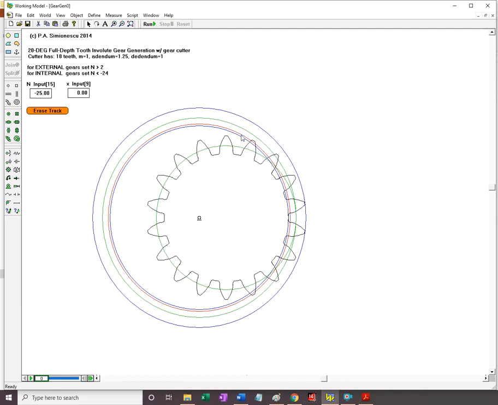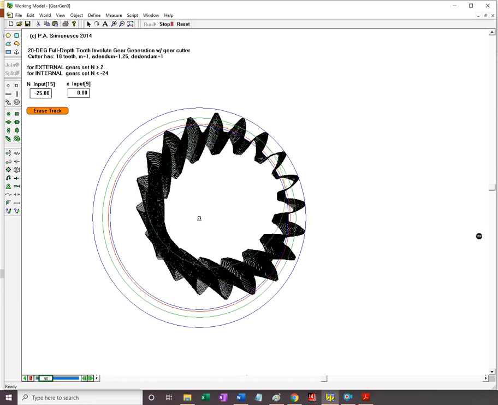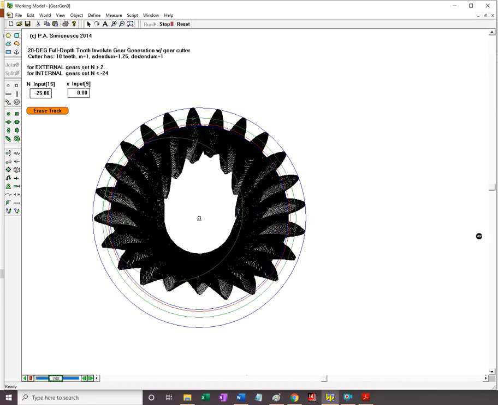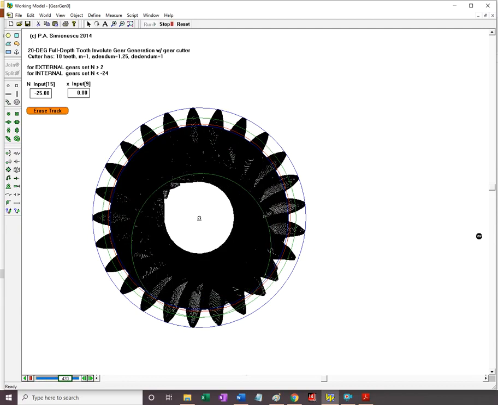I do have the addendum circle through the tip of the teeth of the future gear, the dedendum through the root of the teeth of the future gear, and the base circle in red of the future gear.